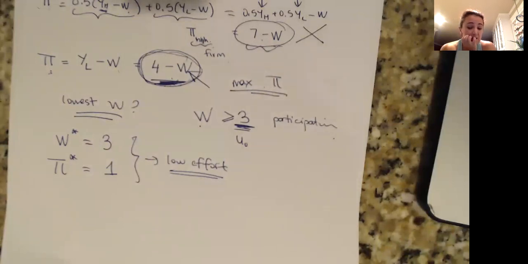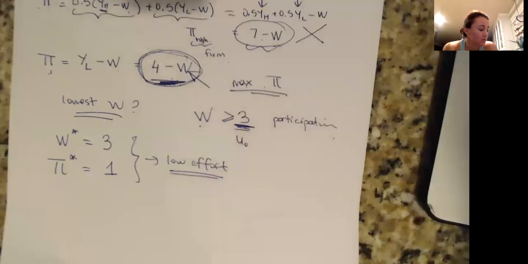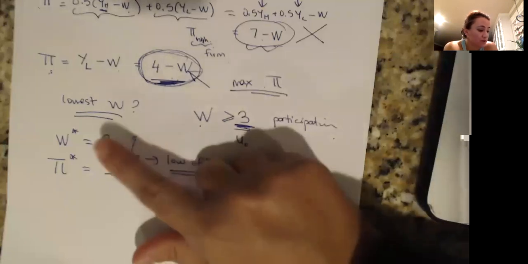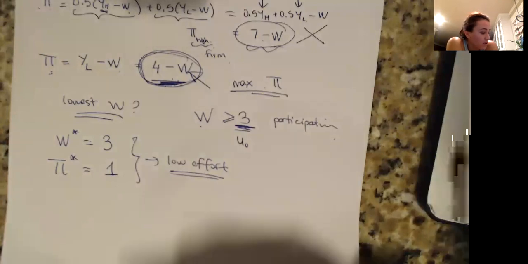Does this make sense? And so this is all for just contract 1? Yes. So the optimal contract 1 is to offer 3 to everybody and get a profit of 1.